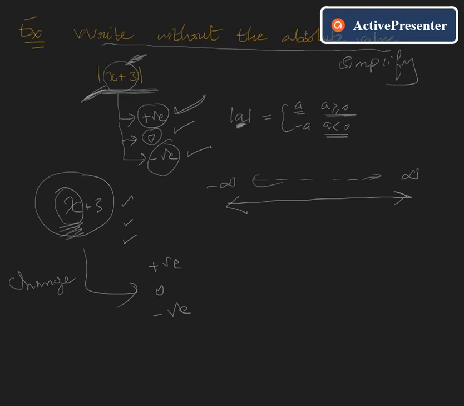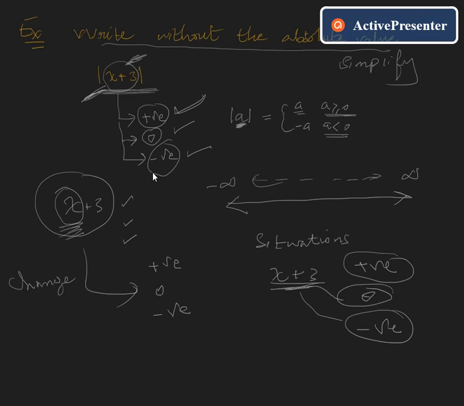So what are the situations in which x plus 3 is positive, 0, or negative? What are the situations where x plus 3 gives a positive expression, a 0 expression, and a negative expression?